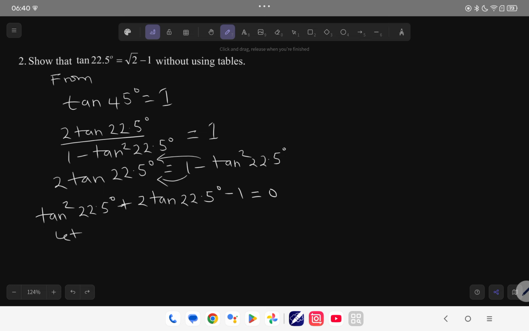I can let k be tan 22.5. So I get k squared plus 2k minus 1 is equal to 0. Now we are going to solve for the value of k, which is our tan 22.5.